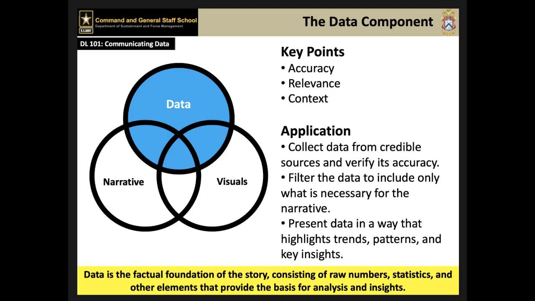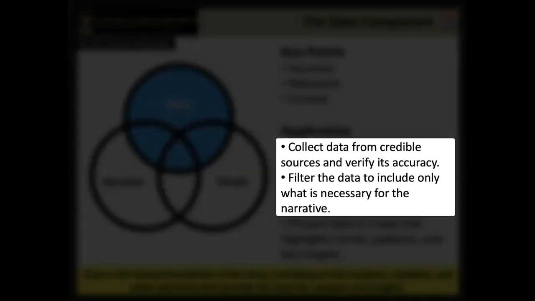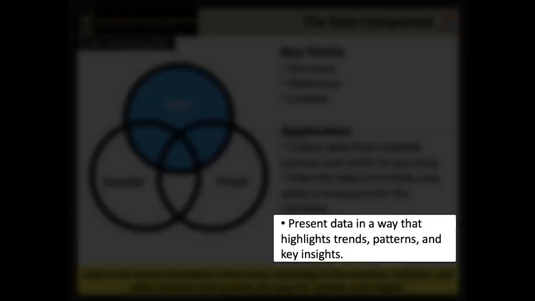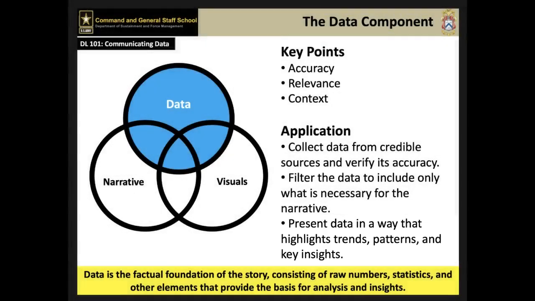In previous videos, we talked about collecting and filtering or cleaning the data to include only what is necessary for the narrative. One important goal for telling your data story is capturing or highlighting the trends, patterns, and key insights that you've drawn using the 4 data analytics presented during Part 3 of this overview.